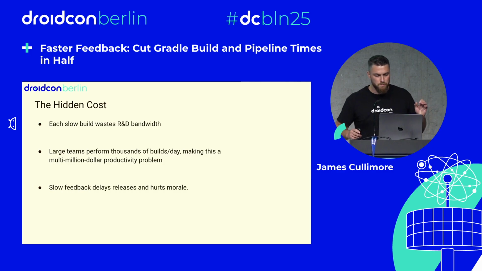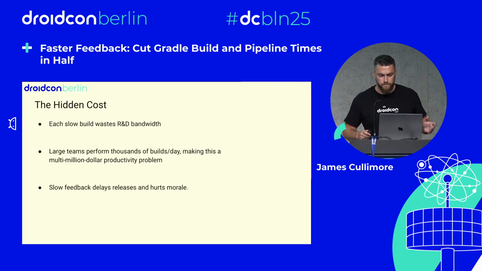And this isn't just about minutes lost. In larger teams, running thousands of builds per day, wasted build time can cost hundreds of thousands of euros each year. Slow feedback also delays releases, hurts morale, and stresses developers out, or at the very least, stresses me out. Every extra minute compounds. Longer queues, blocked pull requests, frustrated reviews.